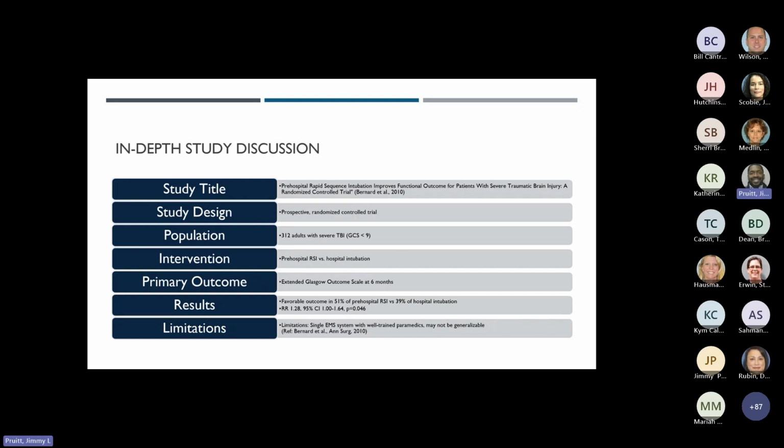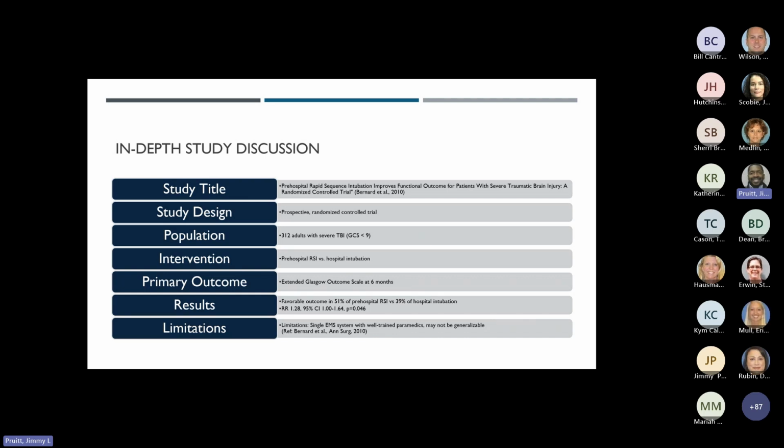So I looked at a pre-hospital study that looked at intubation and whether it improved outcomes in patients with TBI. It was a prospective RCT that looked at about 312 patients with severe TBI, having a GCS of less than 9. They compared pre-hospital RSI to hospital RSI and looked at the extended Glasgow Outcome Scale at 6 months.